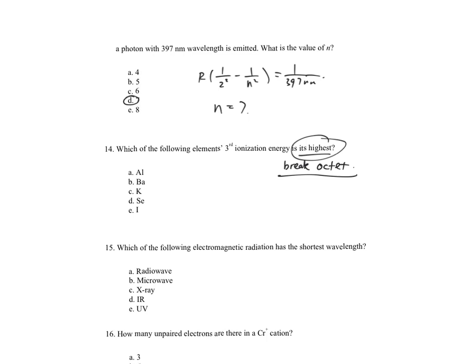Now, which element will break an octet when it loses 3 electrons? Aluminum has argon. No, not argon. Neon. Sorry.